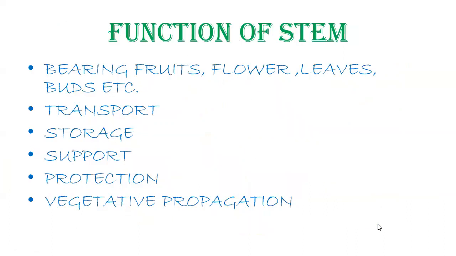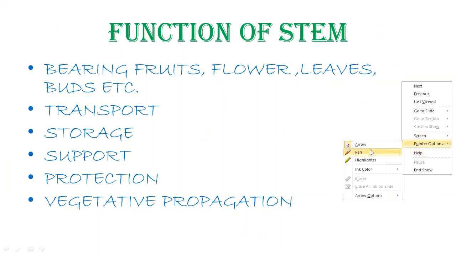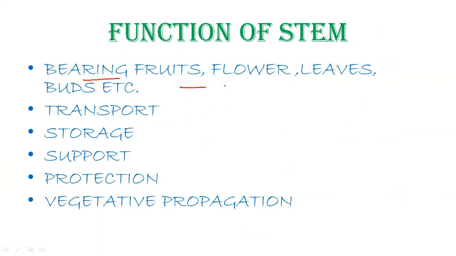Okay, done. Next, function of the stem. See, if we see the function of the stem, the main function of the stem is bearing fruits, flowers, leaves, buds, etc. Also transport. Stem transports water and minerals and food to the different parts of the plant. How?